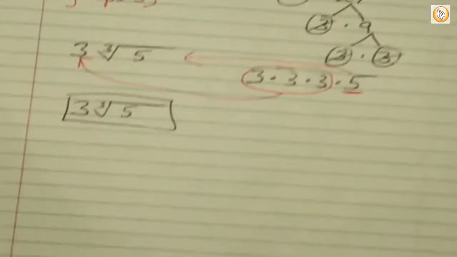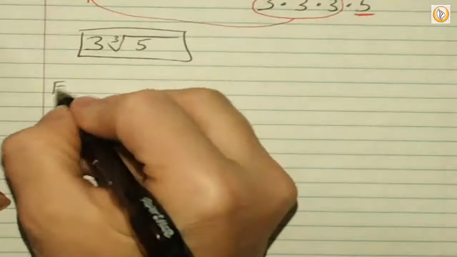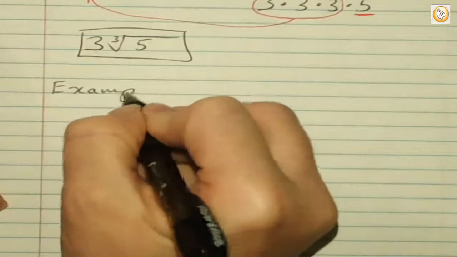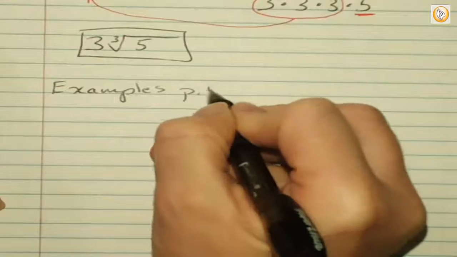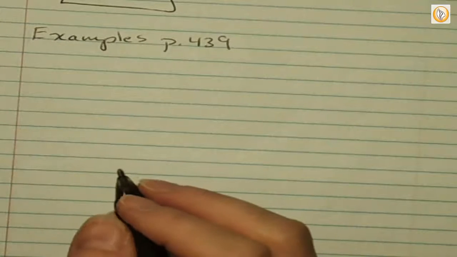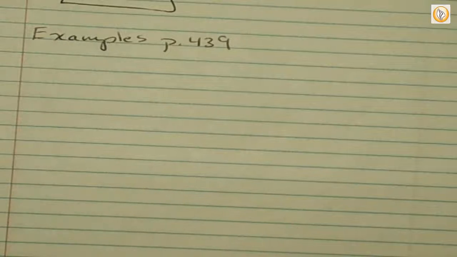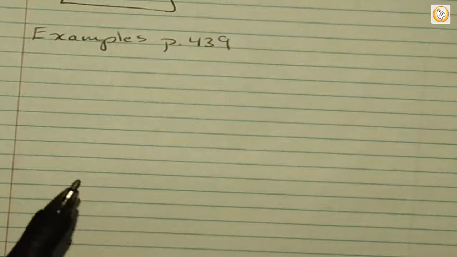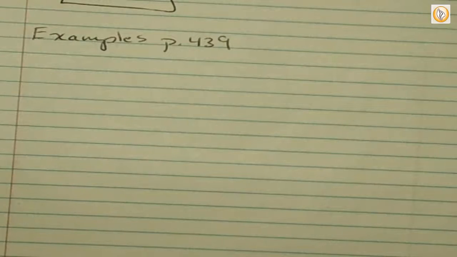All right. Open up your book. We're doing examples, page 439. I think we've done enough that y'all kind of get it. The examples that I'm going to do are going to be with variables. For one of the questions, number 2, it's the exact same as one of the ones that we've already done.